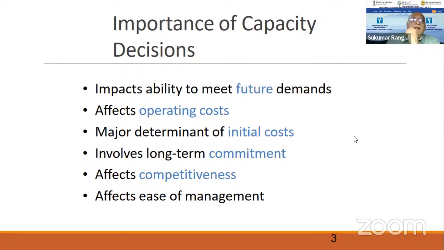So the capacity decisions are important because they impact the ability to meet future demands. Suppose there is a sudden spurt of demand, like you saw during the COVID period, when the demand for oxygen was very high.